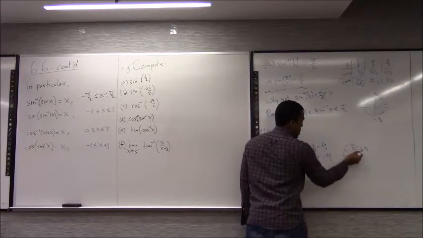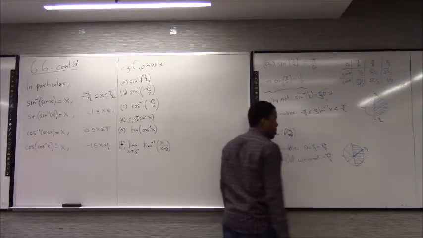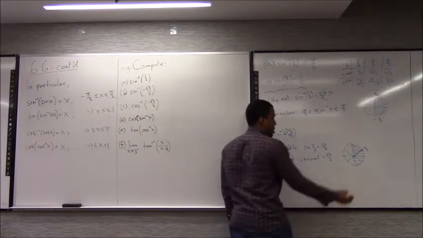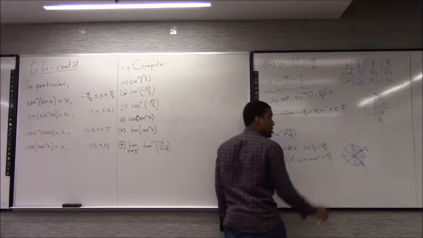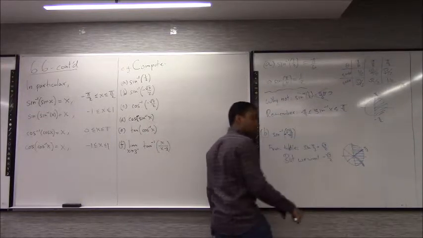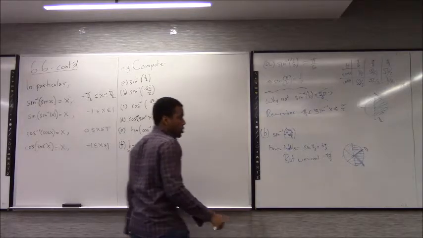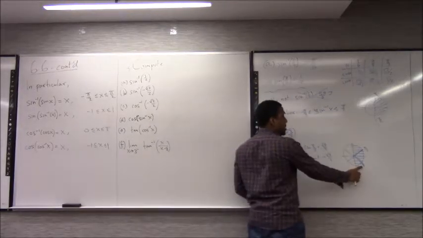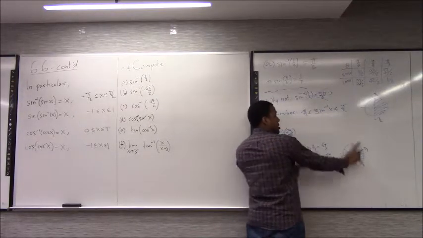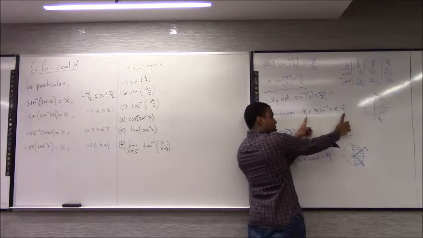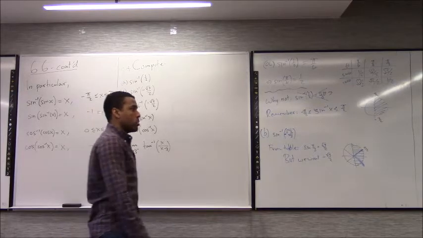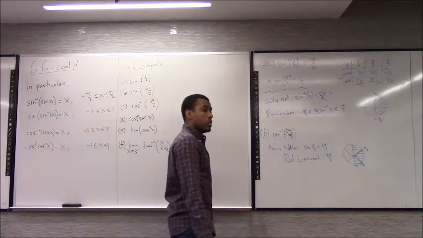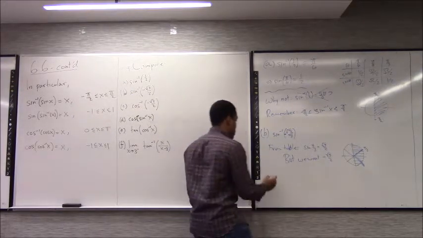Well, remember our sine inverse only works over here. So if we're going to get a negative answer, we want it to be this one, this guy right here. You wouldn't take, for example, someone over here. You also want to be able to express this angle in a magnitude that is between minus pi over 2 and pi over 2. So what could you say that angle is? Yeah? Minus pi over 3.